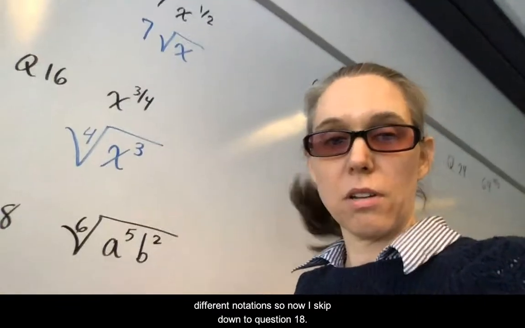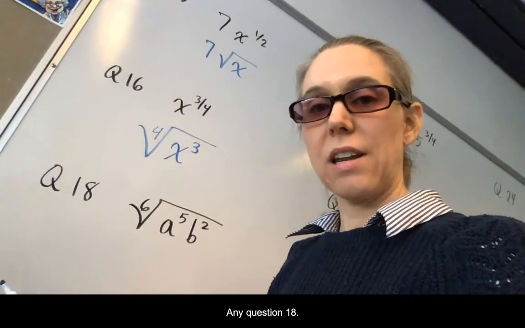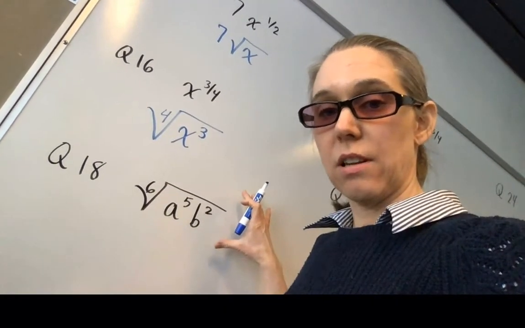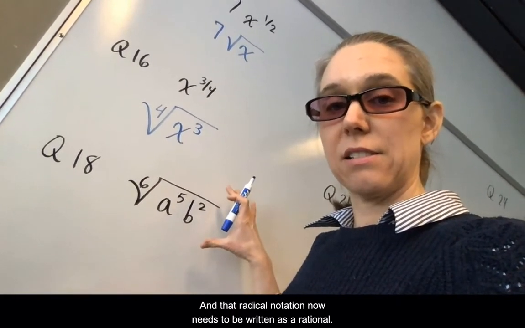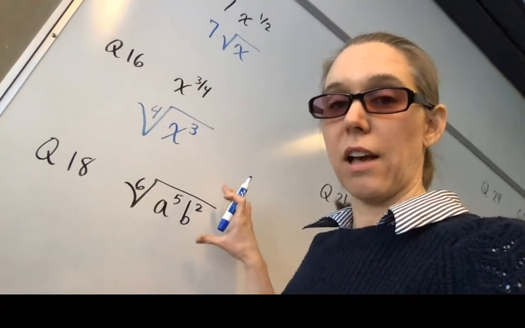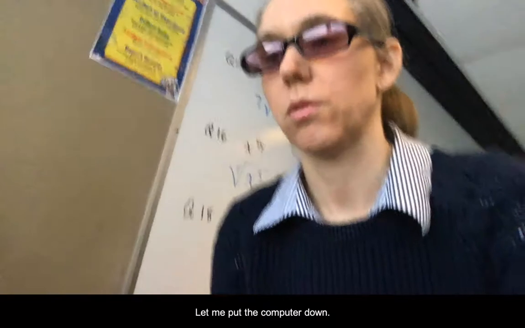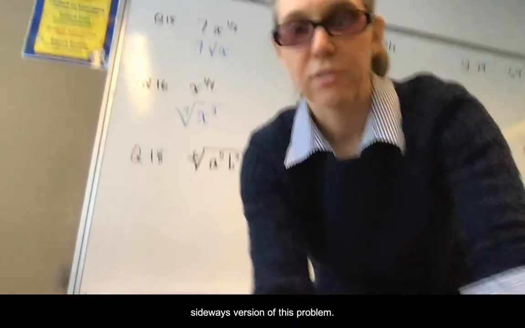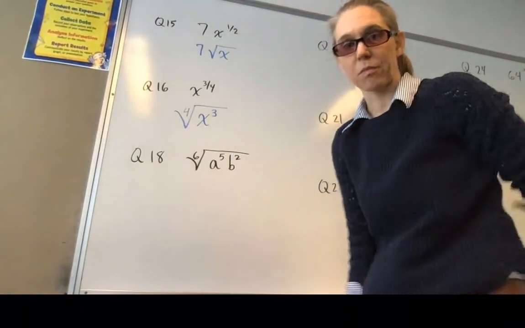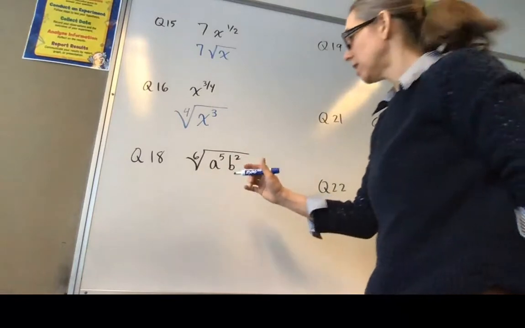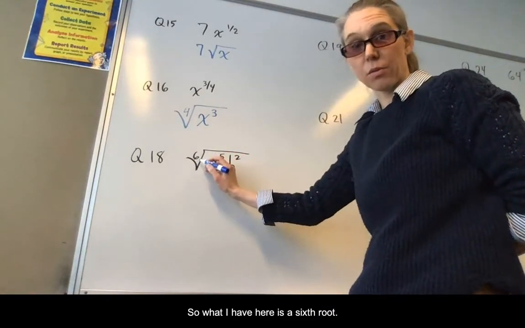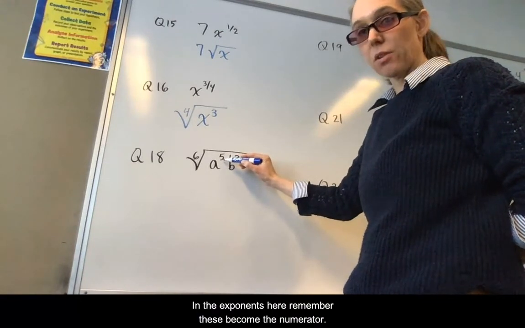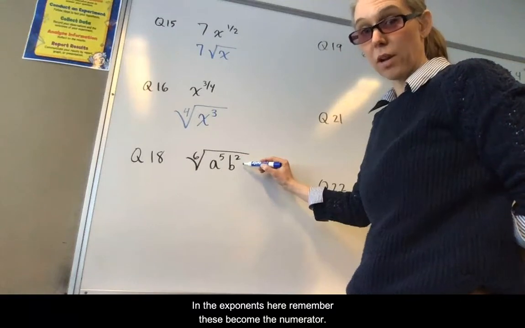Now I skip down to question 18 here. In question 18, I have radical notation, and that radical notation now needs to be written as a rational exponent. Let me put the computer down and bring it over here, so you don't have to see a sideways version of this problem. Is this better? What I have here is a 6th root. Now, the 5 and the 2 in the exponents here, remember these become the numerators.